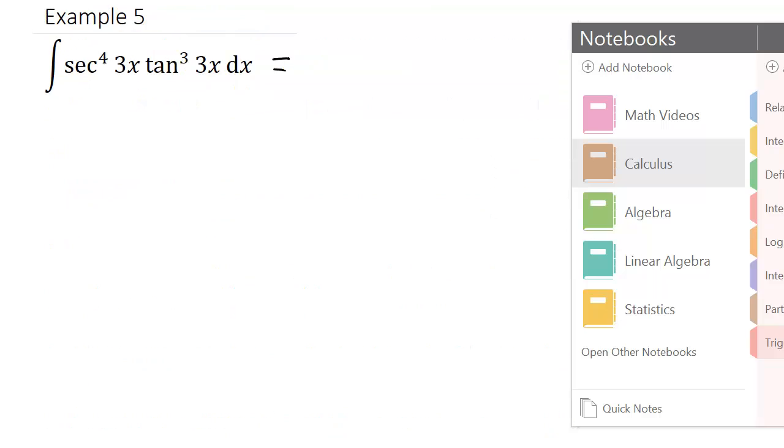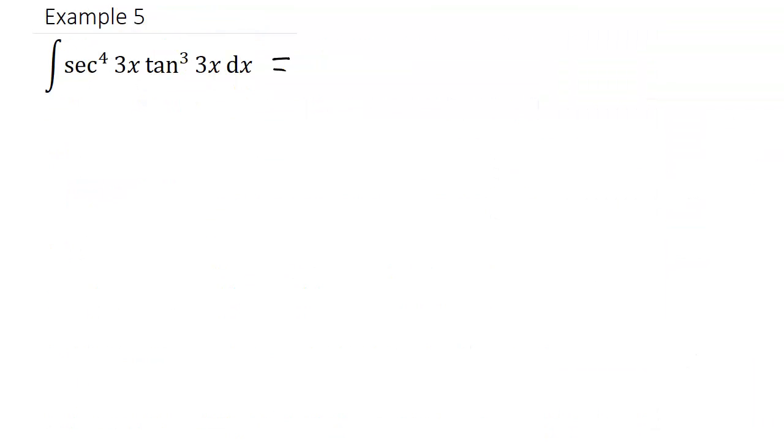So let's take a look at the example. Here I've got secant to the fourth 3x times tangent cubed 3x dx. You can see my exponent here is even and positive, so I'm going to save a secant squared. So I'm going to break this up into secant squared 3x times secant squared 3x.